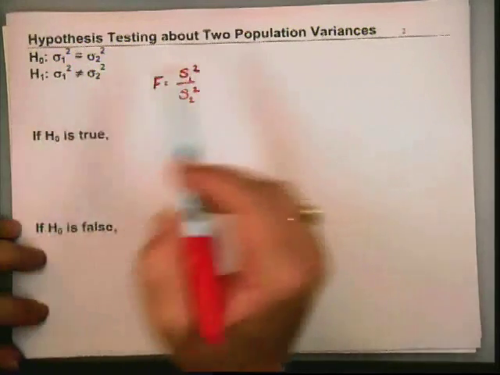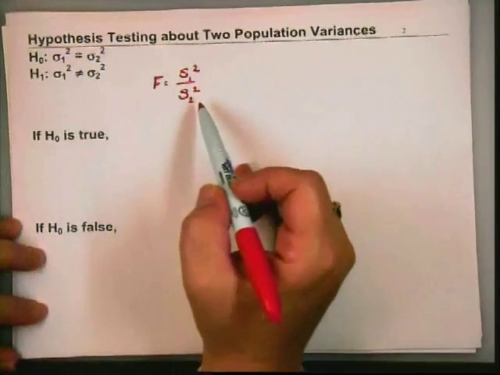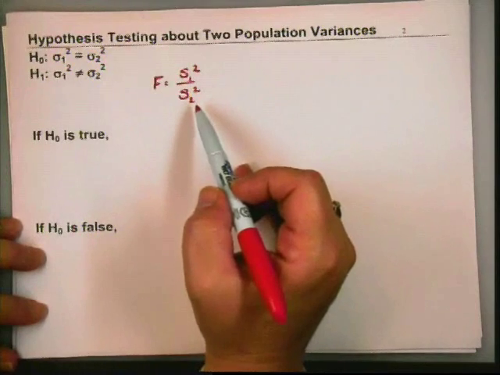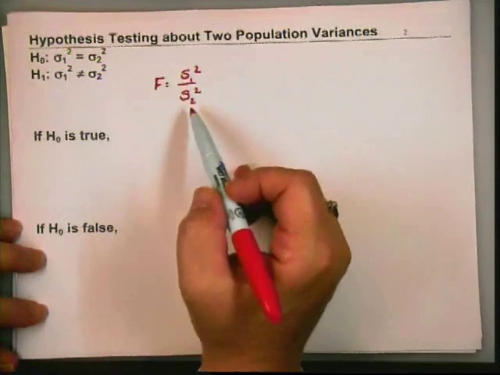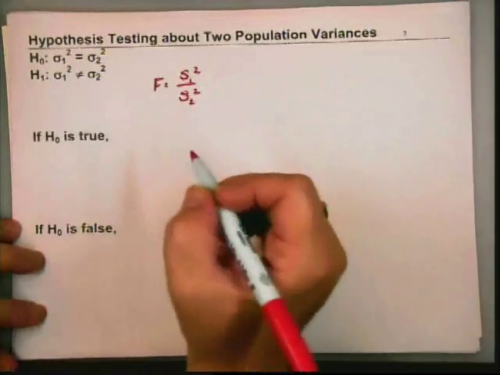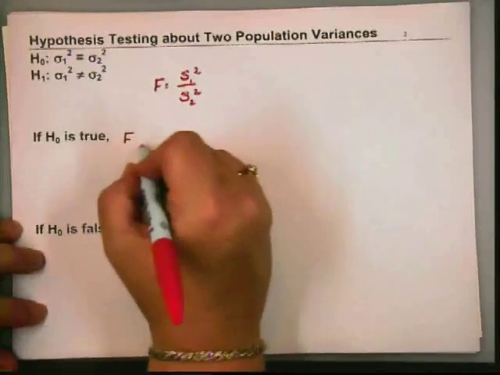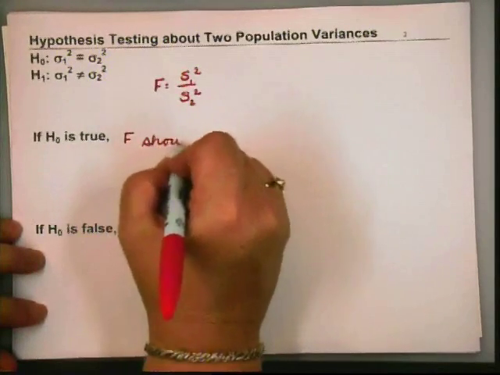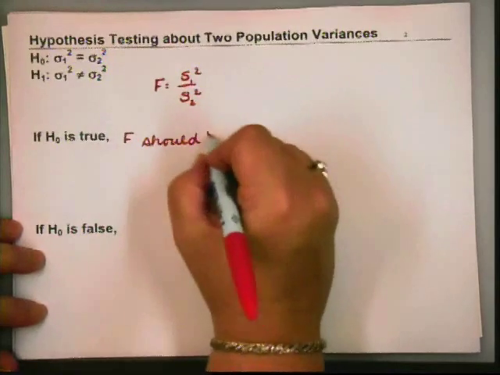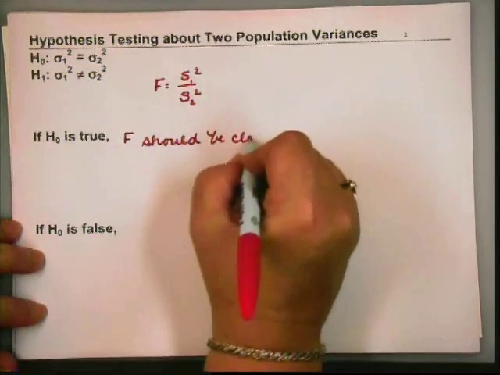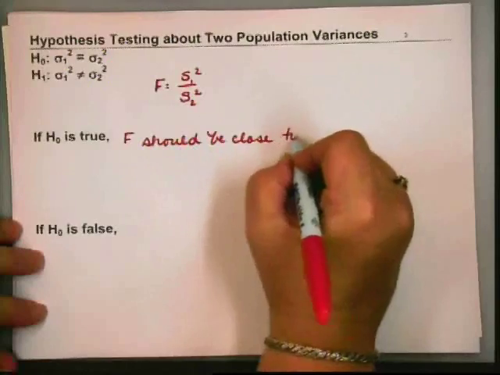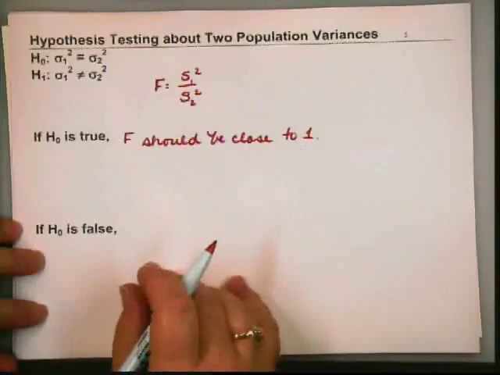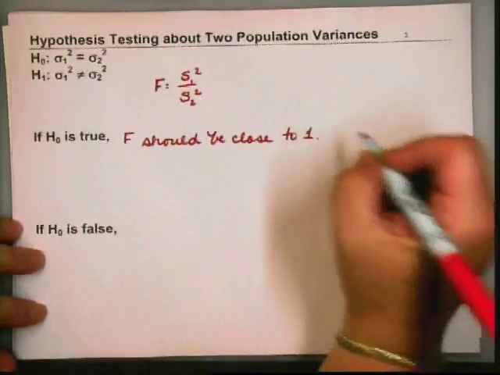So S1 squared and S2 squared should be close to each other, right? And if they're close to each other, then F should be close to 1. Agreed? All right, F should be close to 1.